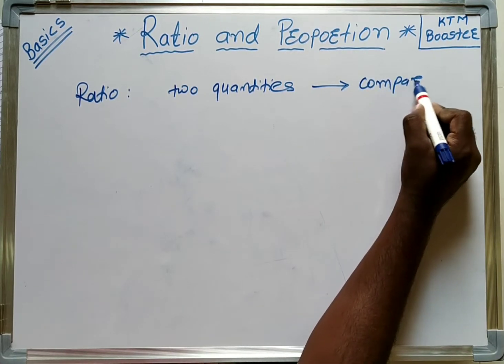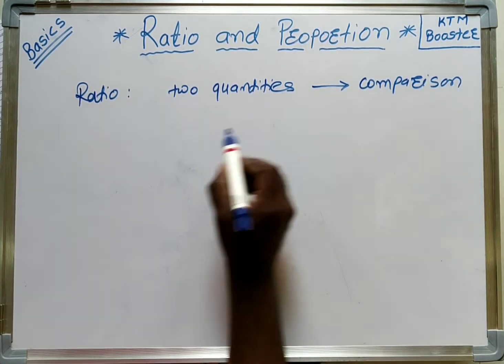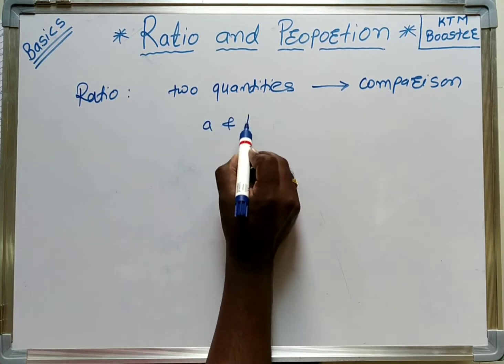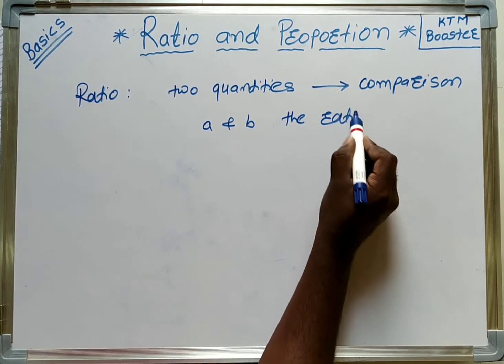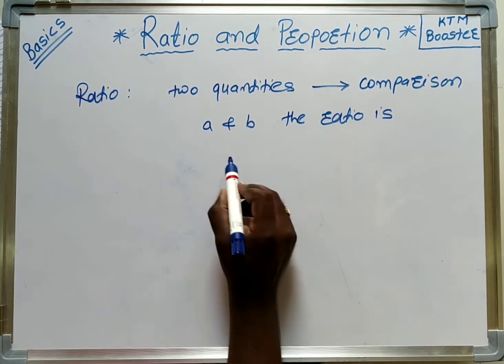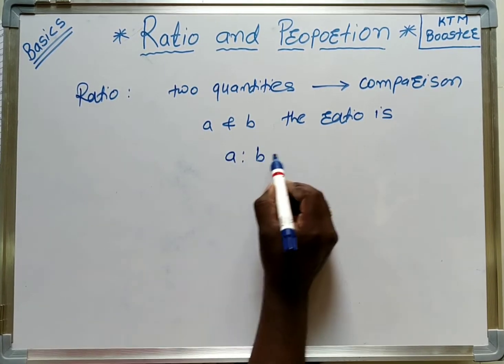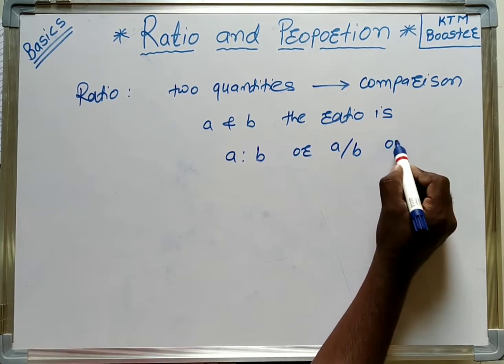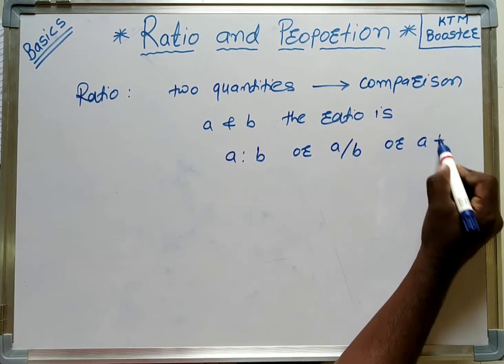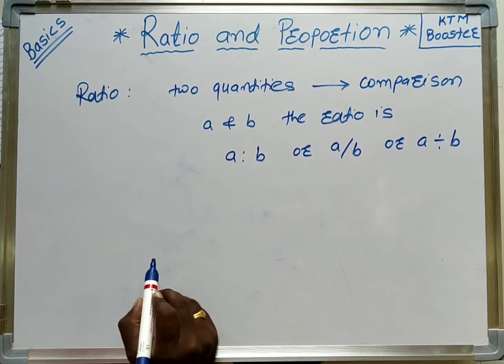If we consider two quantities, A and B, the ratio is written as A is to B, or A by B, or A divided by B, isn't it?